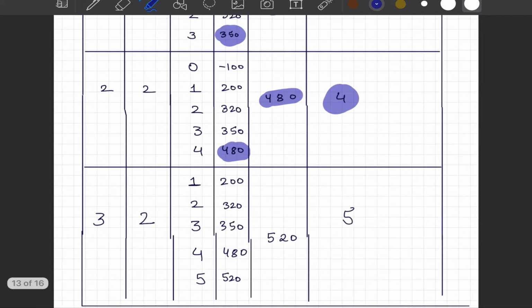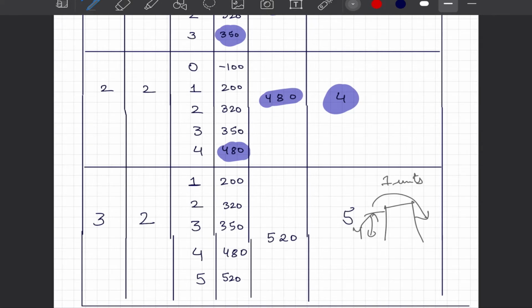Now this is something that you have to see very carefully. What happens when initial storage is equal to 3 and 2 units of precipitation are definitely going to come? Now 3 plus 2 is 5. Our reservoir capacity, the dam that we have built, can store a maximum of 4 units of water. That means 1 unit of water is anyway going to get spilled over.